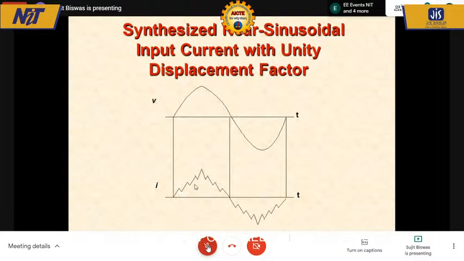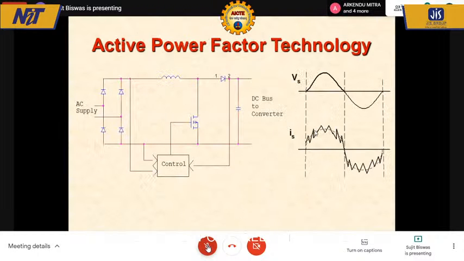So the current waveform may be haphazard a little bit, but it should have the zero crossings coinciding with that of the voltage, and it should follow the envelope of the sinusoidal voltage. That is the best target, best compromise target that we can achieve. So let us take a look at some simple power circuit that was created some decades earlier.